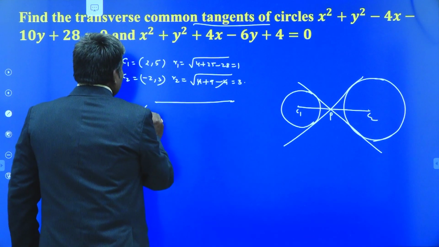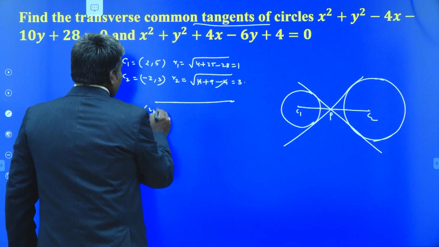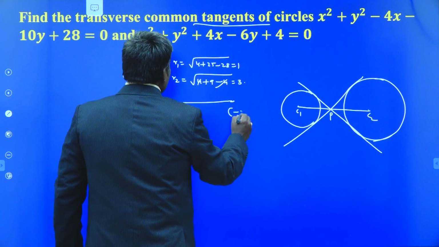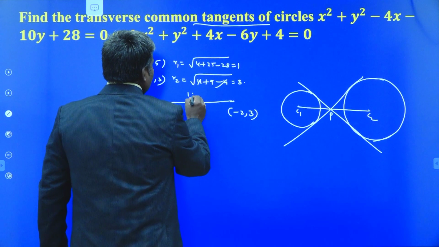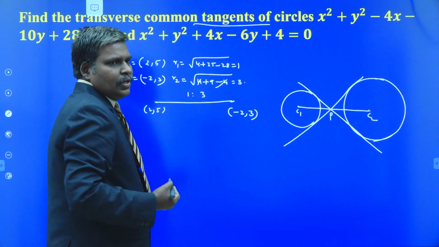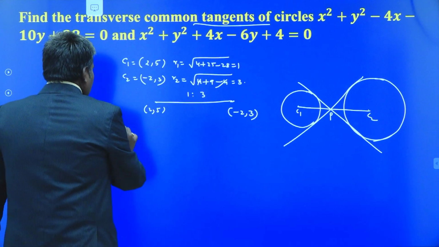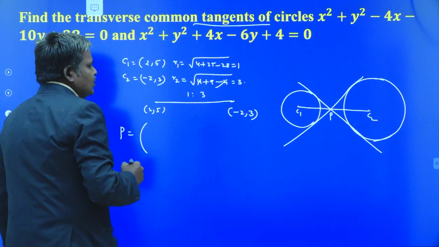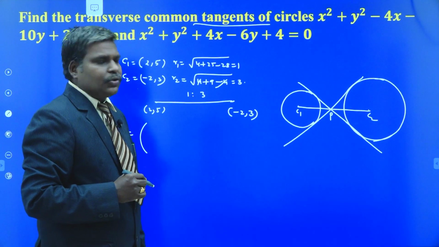What is my C1? That is (2, 5). What are the coordinates of C2? (-2, 3). The ratio is what now? 1 is to 3. Can you find the internal center of similitude or not? That divides C1C2 in the ratio R1 is to R2 internally.